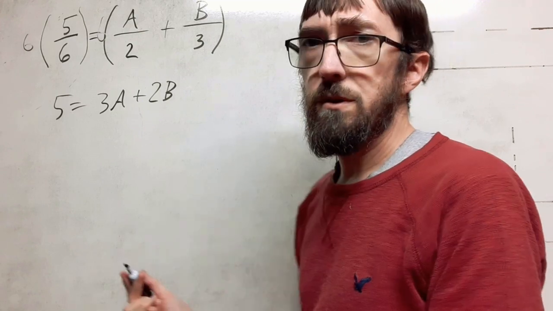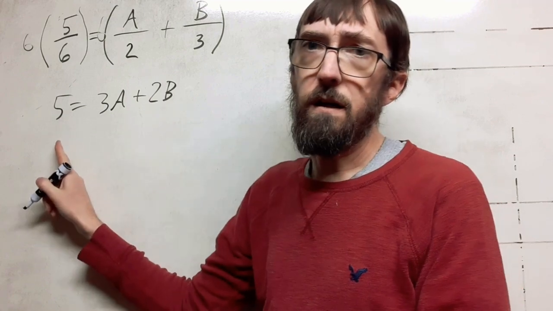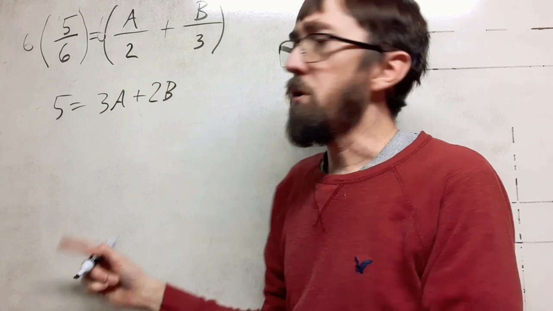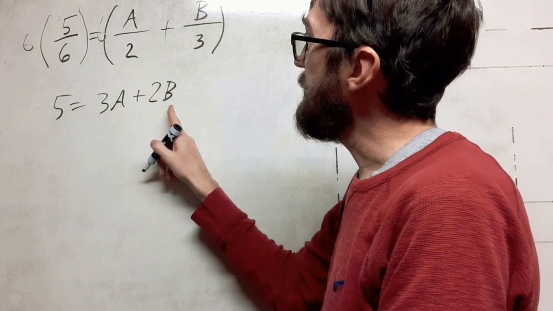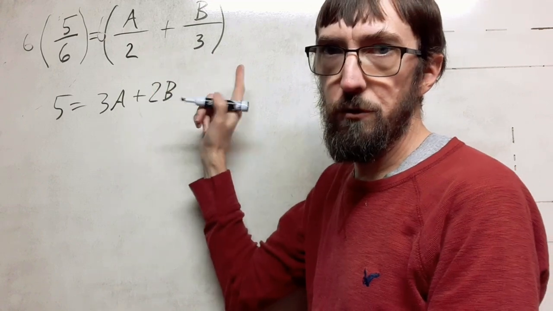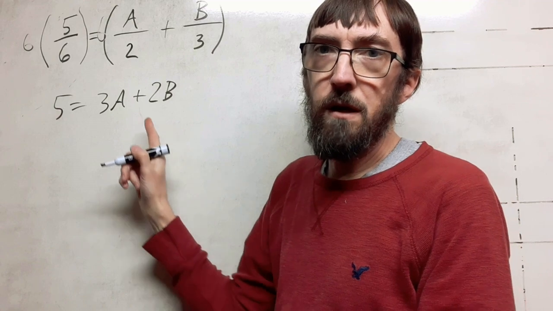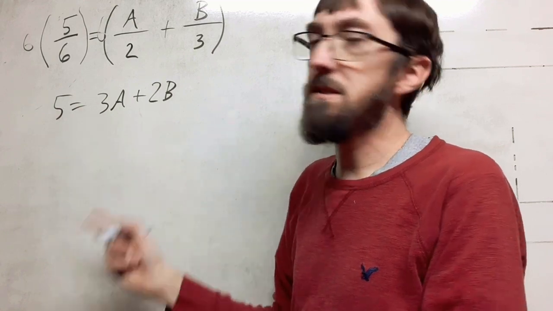Many of you can see what this is going to be because 3 plus 2 is 5. So that basically leaves one option for us on what a and b can be. Now I named a and b 2 different letters because they were 2 different numerators. But just because we name them 2 different variables does not mean that they cannot take on the same value, which in this case they need to be.